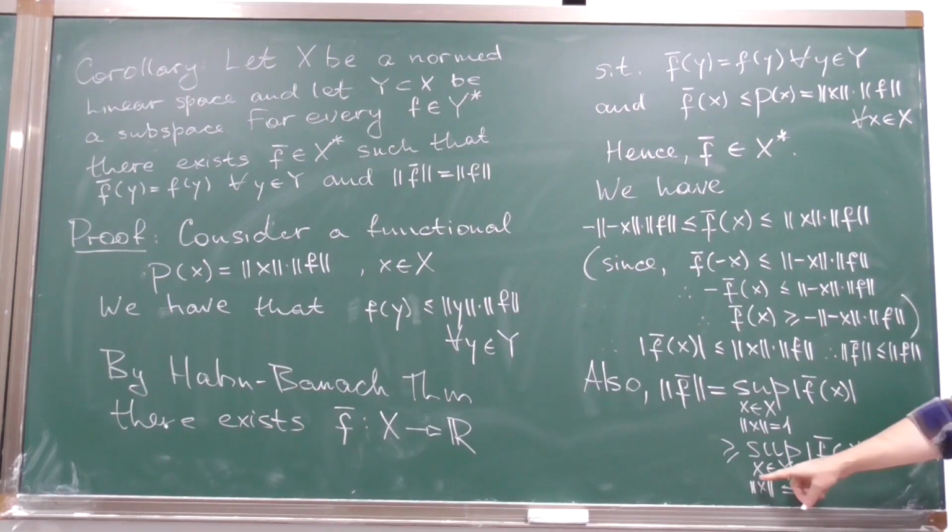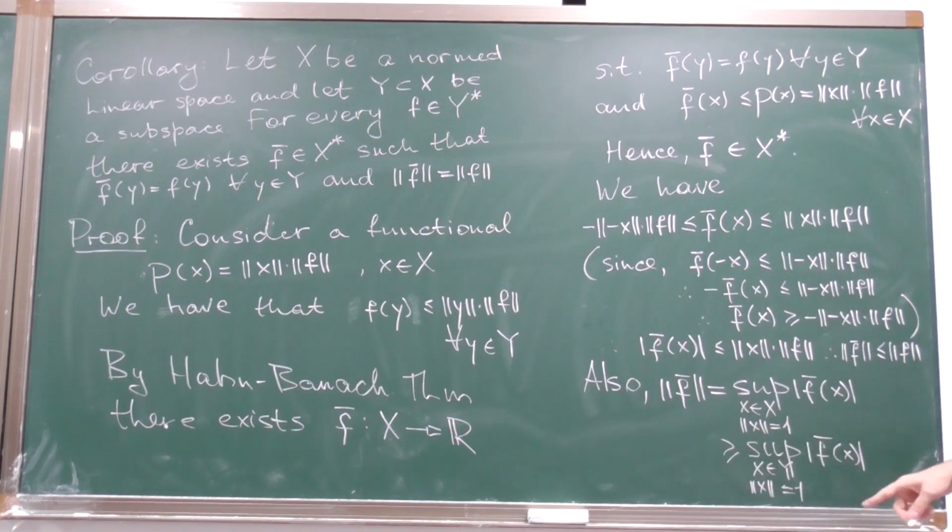But now, this x belongs to Y, and f bar and f coincide on Y. So what we have here is just f of x, and we're taking the supremum over Y, which is the norm of f. So this proves the estimate from below, and so the norms coincide.